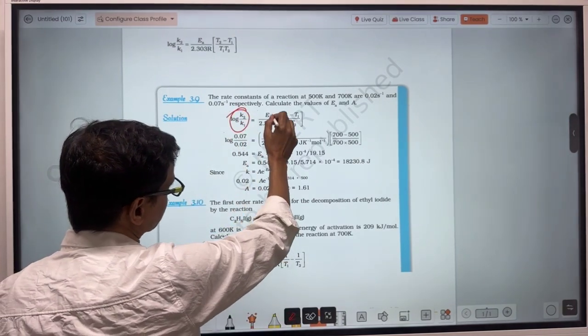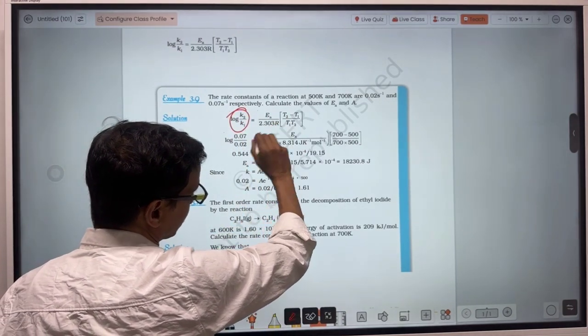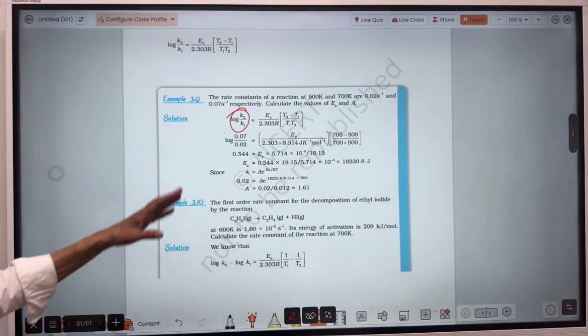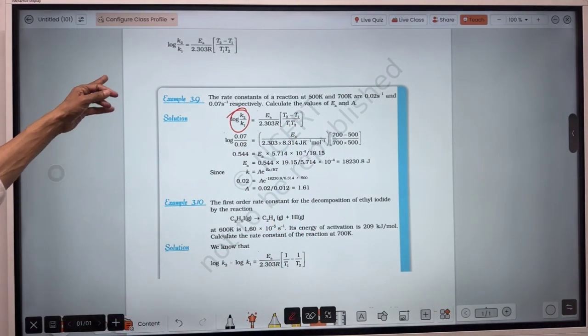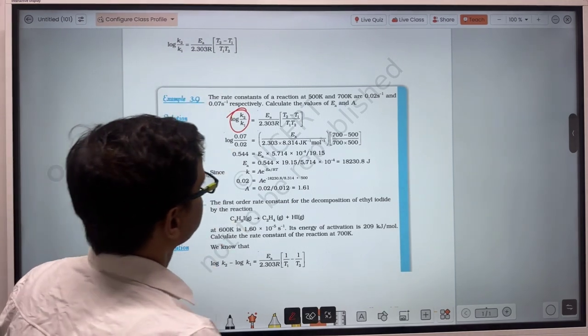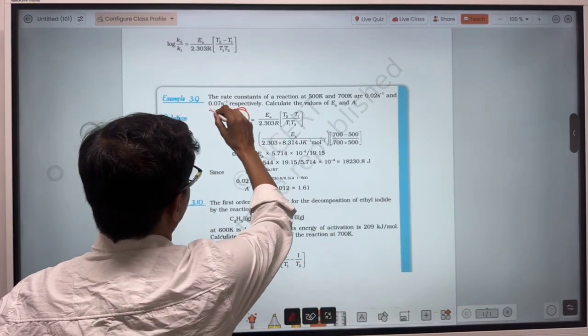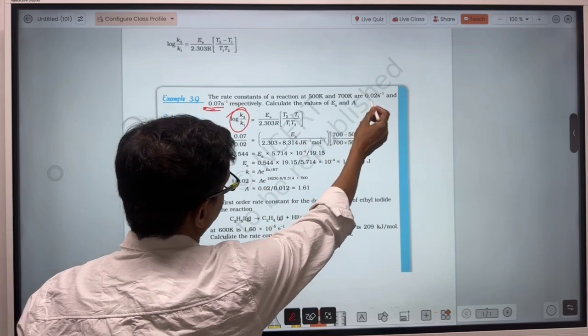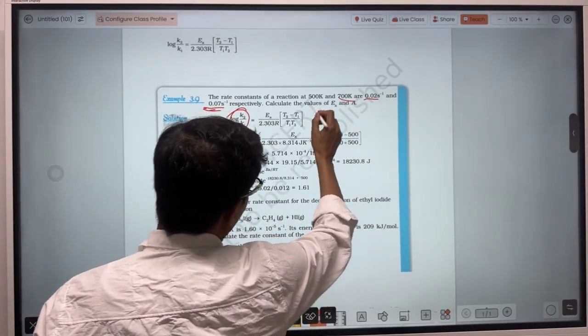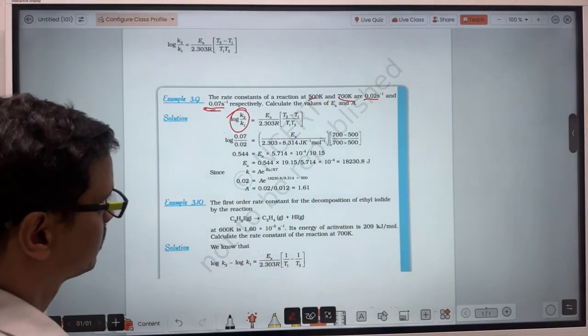Log K2 by K1 equals Ea upon 2.303 R into T2 minus T1 upon T1 T2. That we have discussed already and derived. So K2 is 0.07 and K1 is 0.02, T2 will be 700 Kelvin and T1 will be 500 Kelvin.